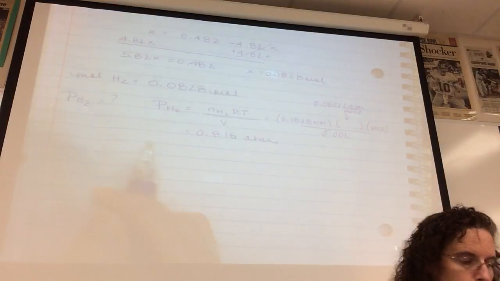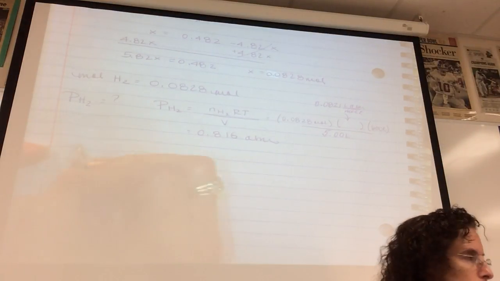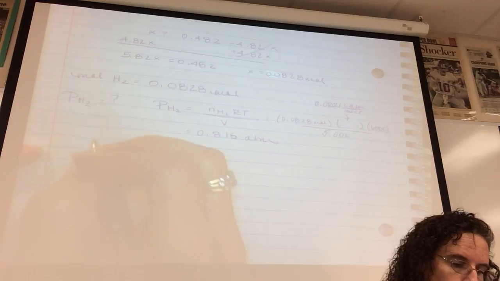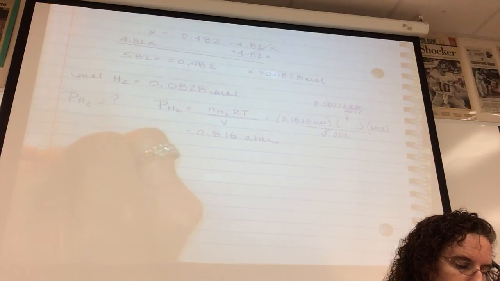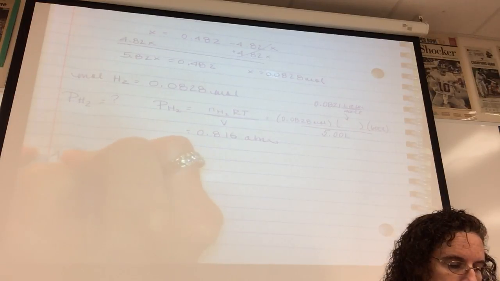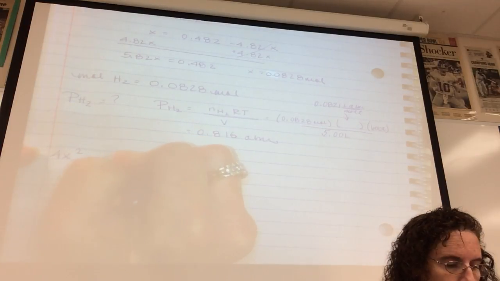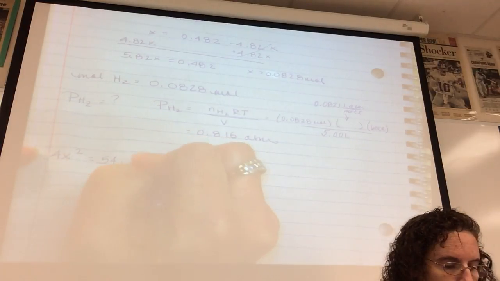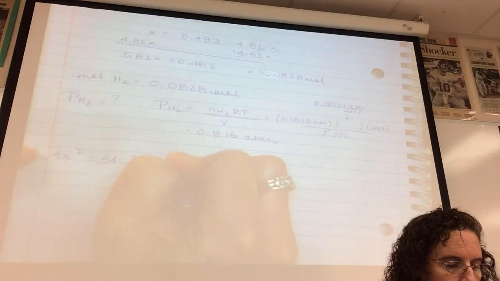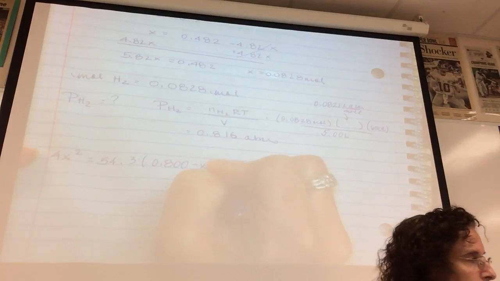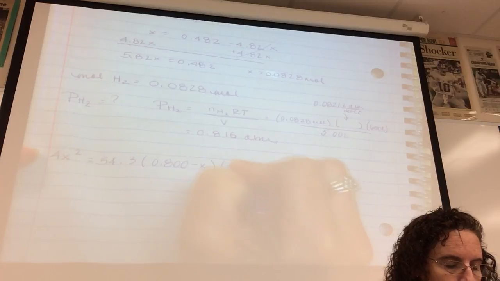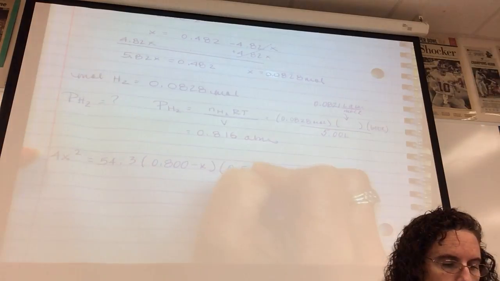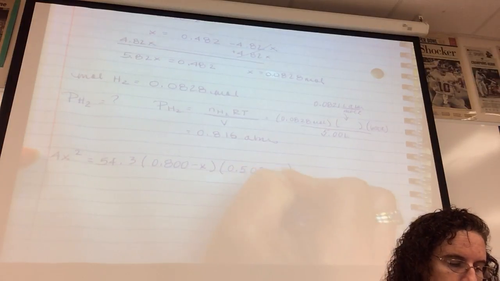Before I plug it in, I just want you to see the derivation. Let's make sure. So I've got 4x squared is equal to 54.3 times (0.800 minus x) times (0.500 minus x), correct?